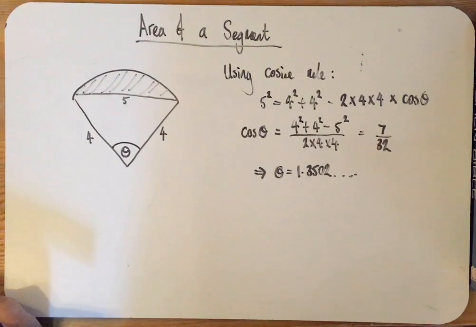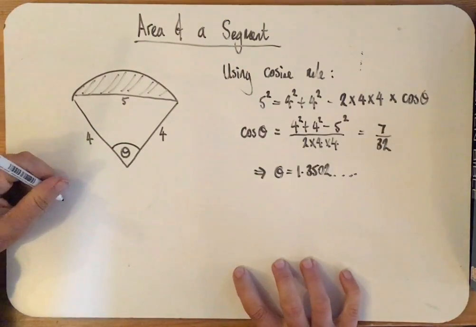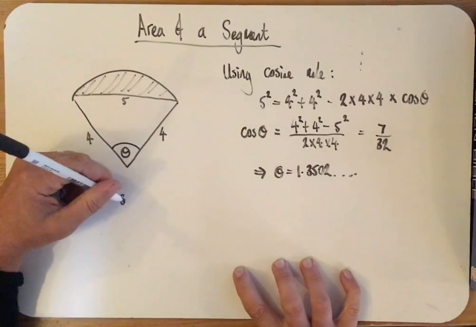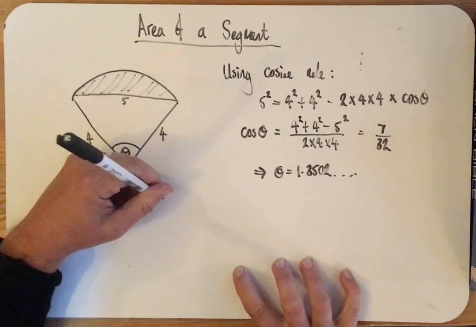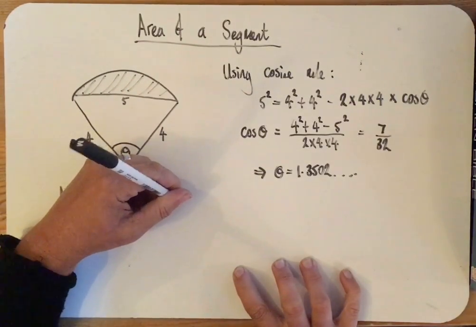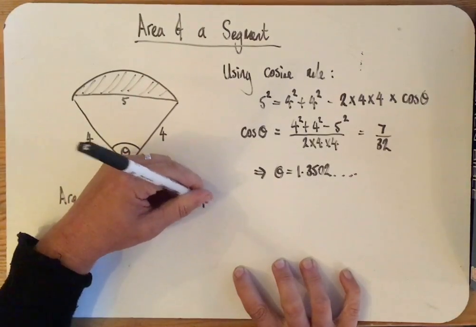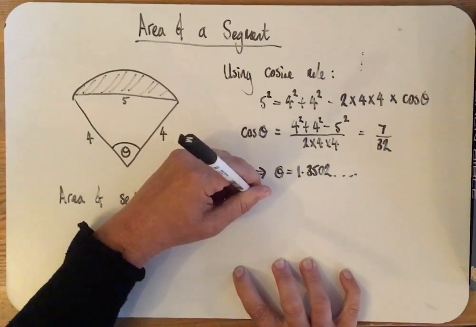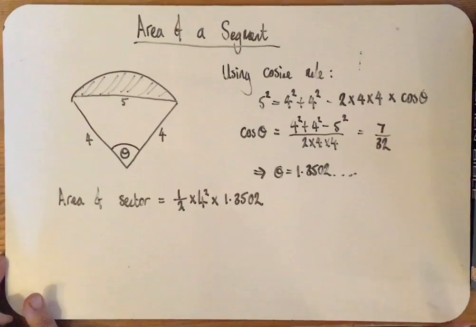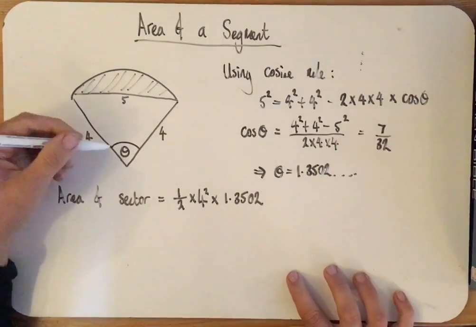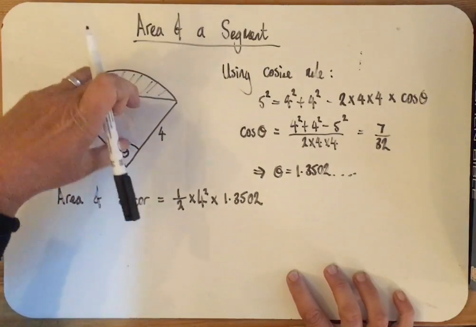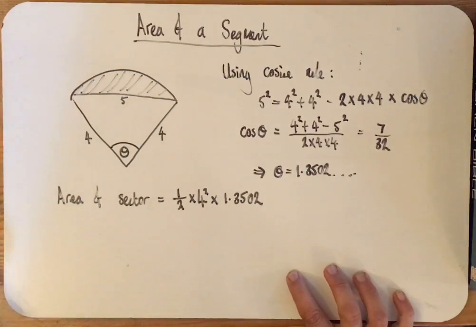And then continuing on, we can now find the area of the segment. So the area of the whole sector is equal to a half r squared theta. So it's a half times 4 squared times 1.3502. But again, use your answer button or something like that. So that's the area of this whole sector. And to get to the area of the shaded segment, I need to take away the area of this triangle.